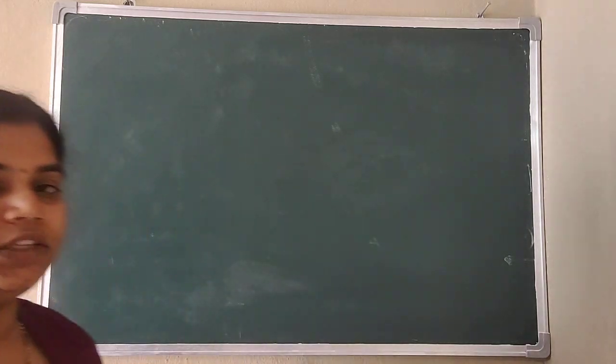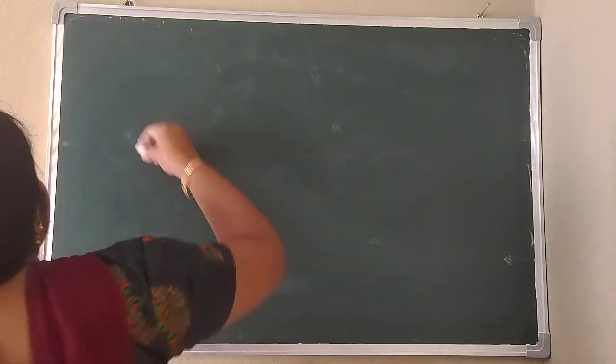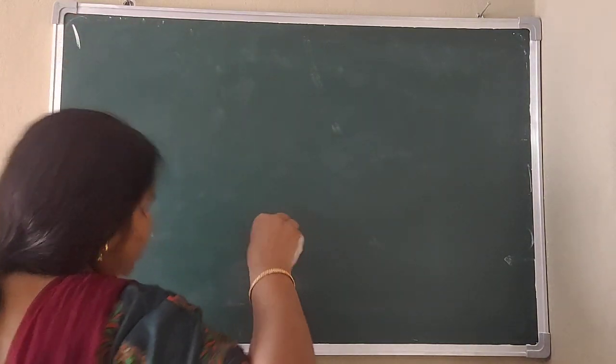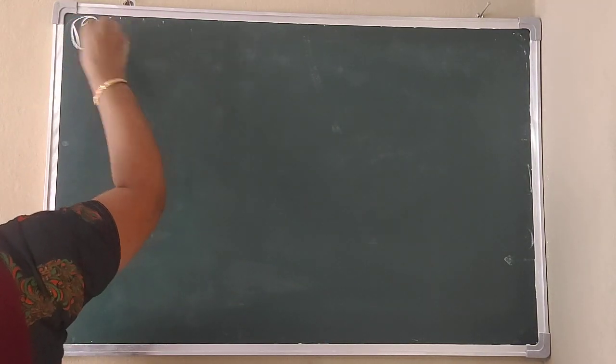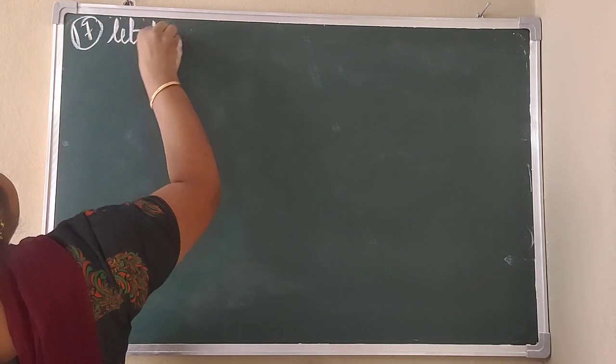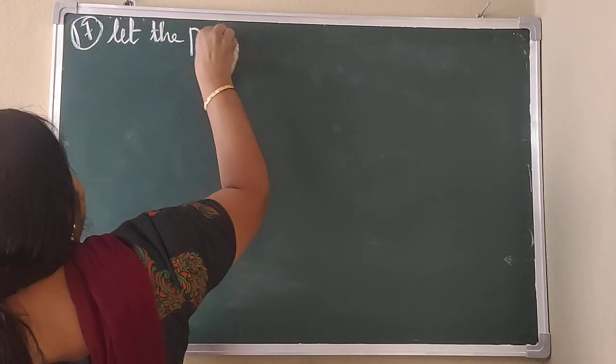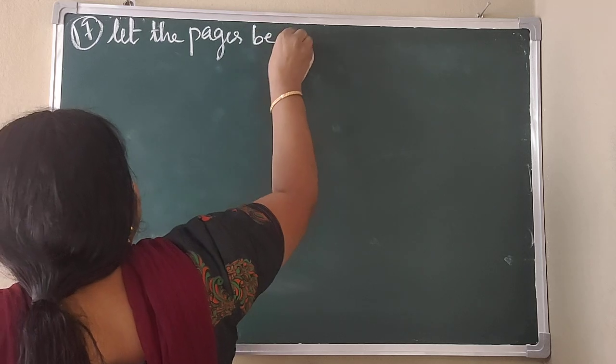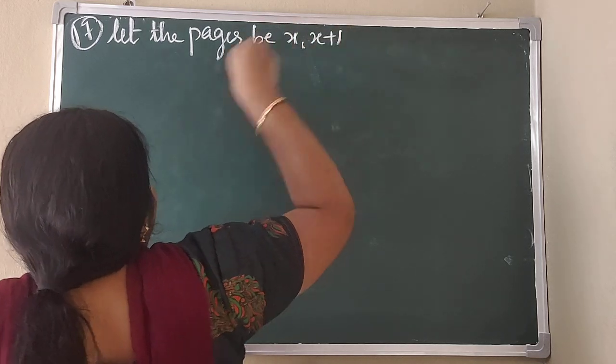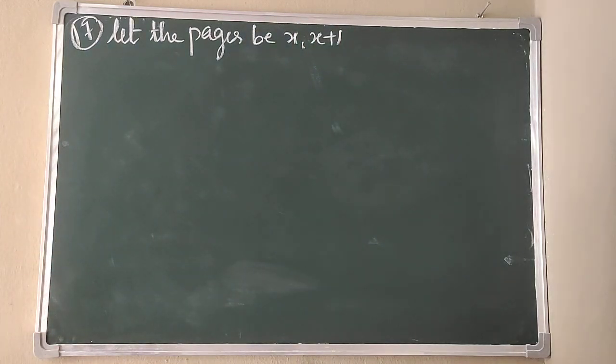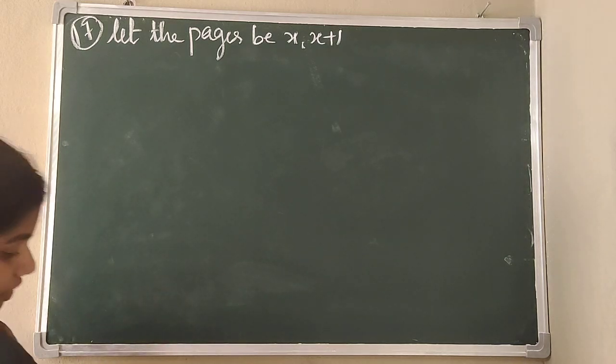So I am taking the page numbers as x and x plus 1. So here, this is which one? 17th question. Let the pages be x and x plus 1. And the sum of the pages they have given as 373.